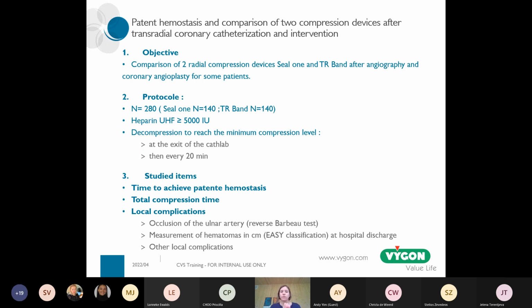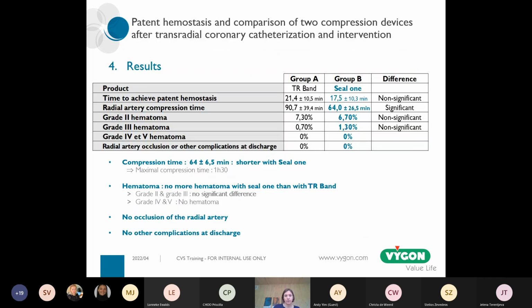This is a comparison of SIL1 and the TR-band after an angiography and a coronary angioplasty. The items studied are the patent hemostasis, the total compression time, and the local complications. And the results: the compression is shorter with SIL1.